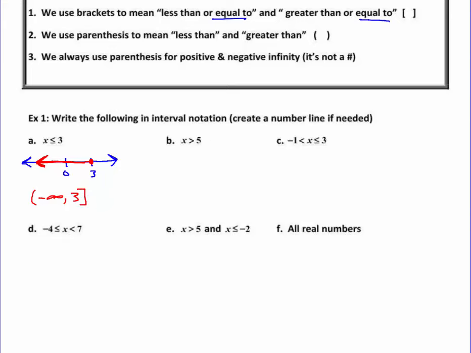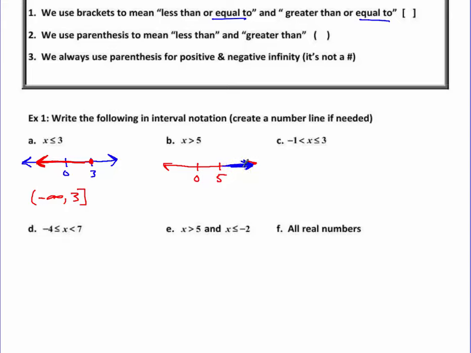Let's go over to x is greater than 5. So we look at a little number line, and I always just use 0 and the number I actually care about. I don't care what's happening at 4, I don't care what's happening at 6, I care what's happening at 5 because 5 is the number for my problem. So we say x is greater than 5. So it's everything past 5.